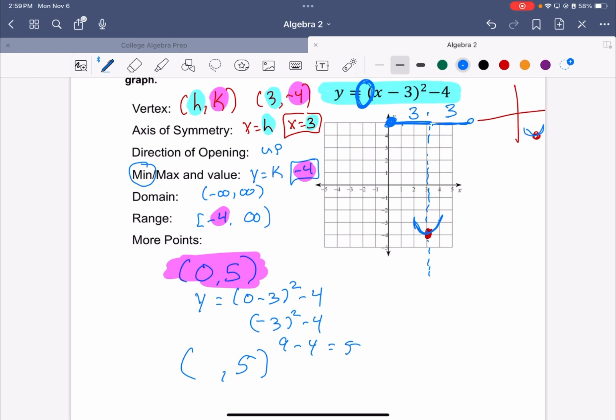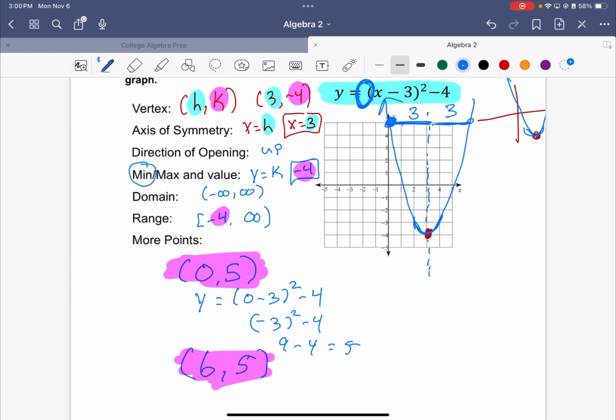Well, what's 3 plus 3? That's my other point on the graph. So if you find one point that you know is on the graph, just by using substitution, you can figure out what that other point is going to be. So then I can a little bit more accurately draw what this graph looks like. And you could a little more sketchy graph it if you wanted to.